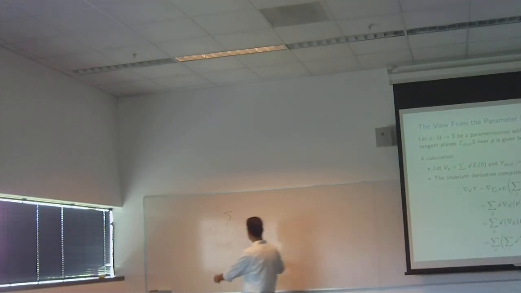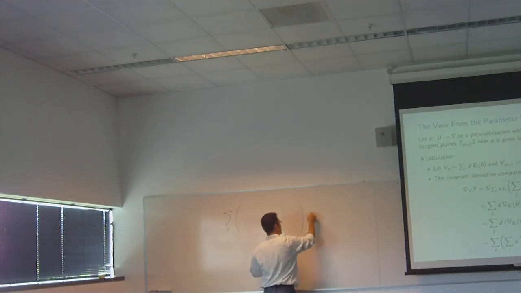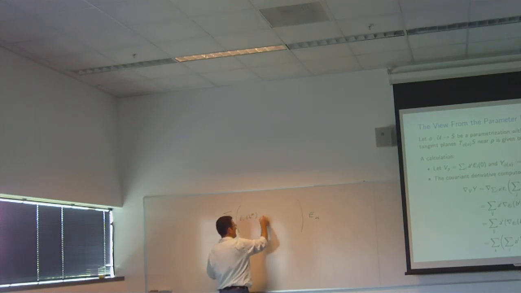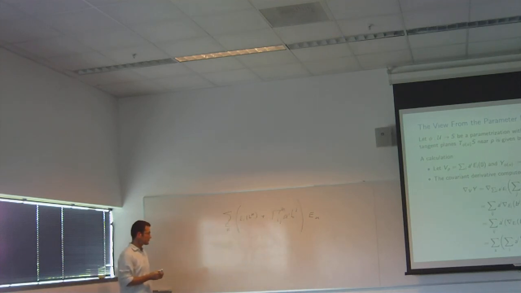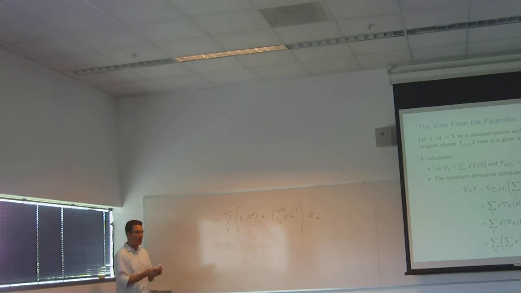So what I've got is a sum over k on the outside, open bracket, and then I'm going to pull the ek outside. So this is EI acting on BK plus Christoffel symbols, gamma I, J, K, and then I have AI, BJ. So that thing down there becomes this when I change the dummy variable.